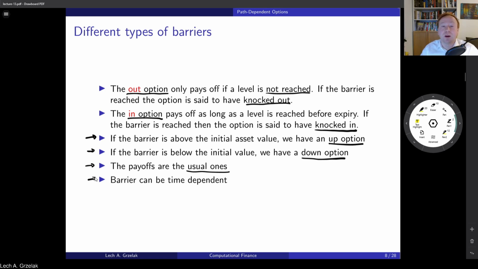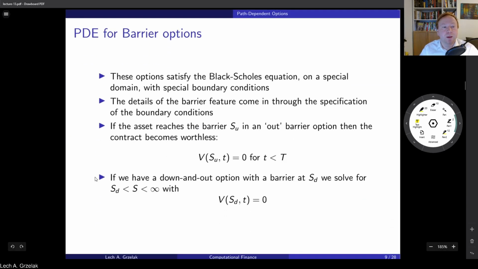We may also specify the barrier to move in time. This is, of course, a much more advanced way, where we say that a barrier could be an average, for example, of the underlying, or depending on the time we may observe the barriers or not. So the barrier can be time dependent, but that brings complexity to the next level.